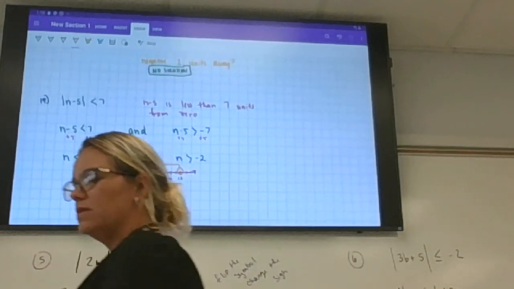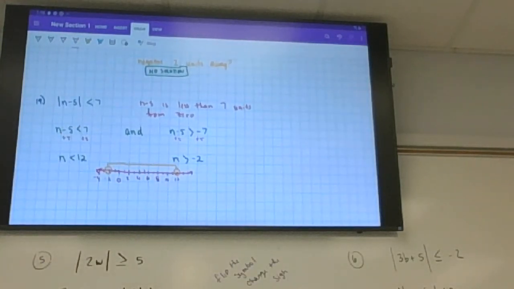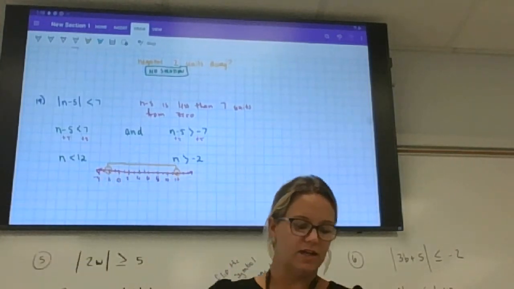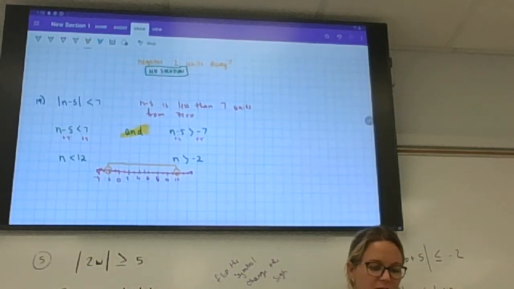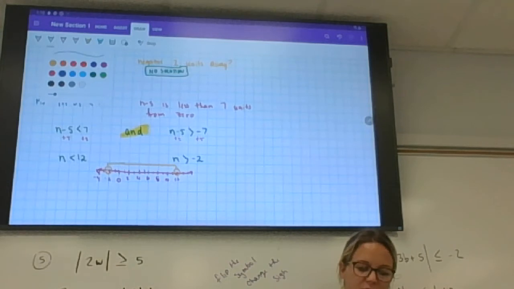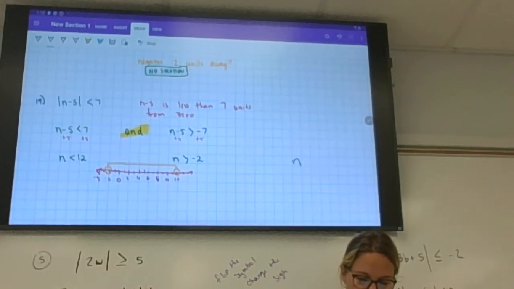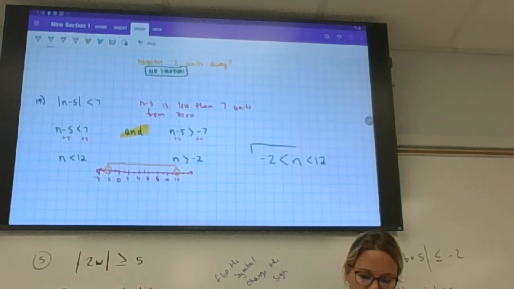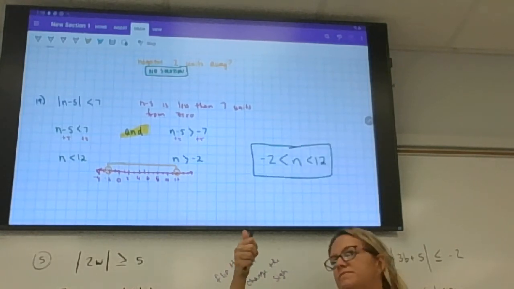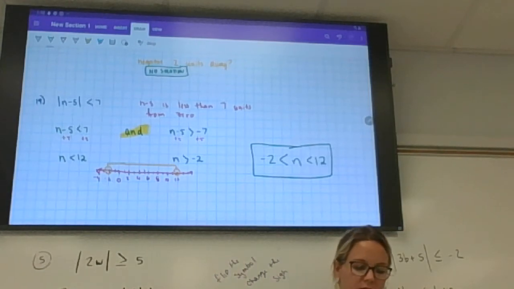Okay, so somebody asked me about this before and I didn't have my notes. So instead of an and here, it would be a little better. My answer could be a little better if I wrote it all together with the N in the middle. Everybody who did this, great job. Your answer's a little better than what I did here.